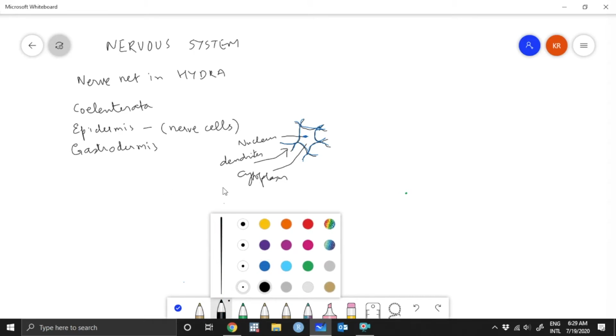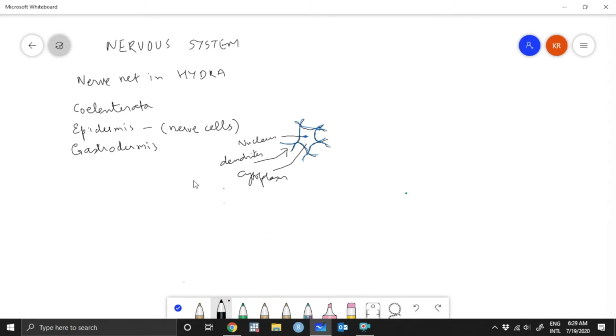So in this type of a nerve cell, there is no axon you can see.